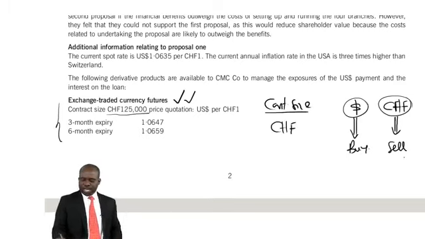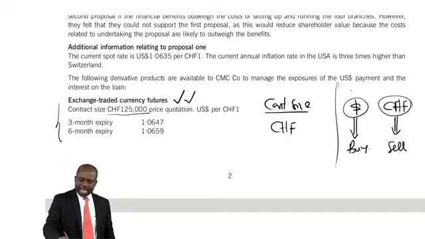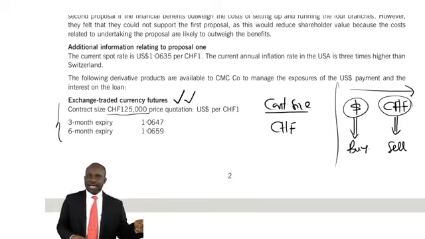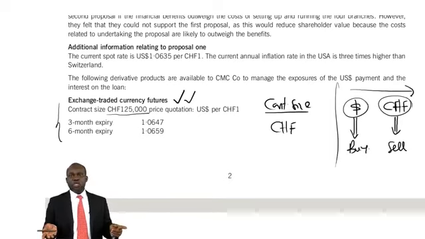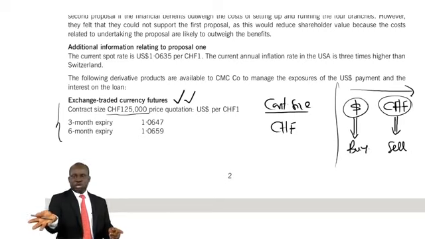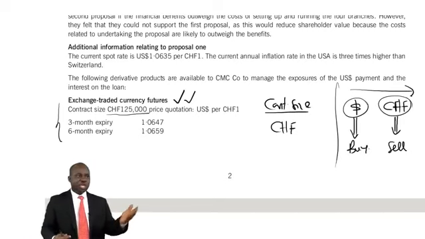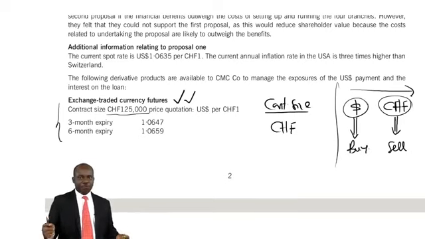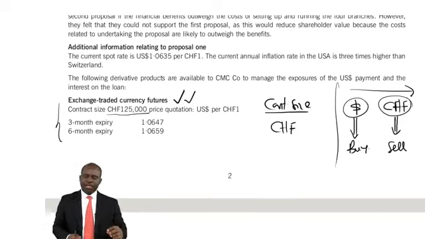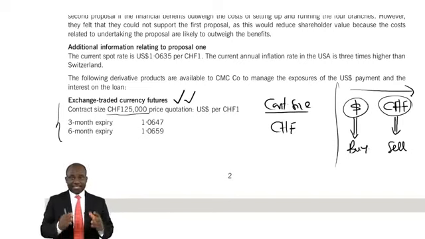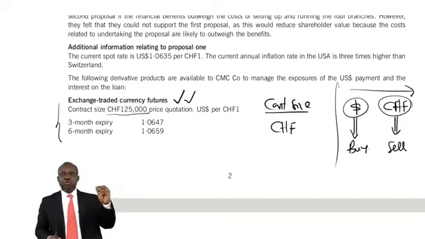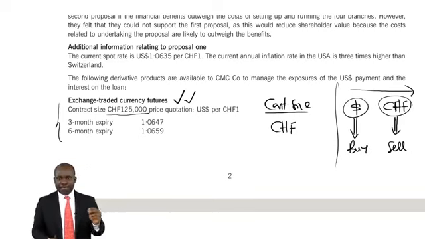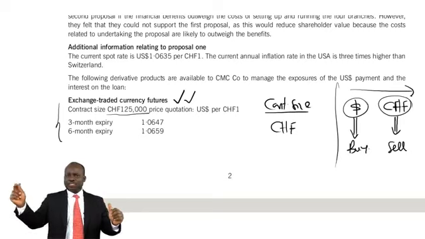So you ask yourself, what are you doing to the CHF in this column? Because you are based in Switzerland and you have to pay dollars, you have to give out the Swiss franc, which is the CHF, in order to go and buy the dollars to go and pay. So CHF will be given. So this contract, because the contract size is in CHF, it means you need a contract that will give you the obligation either to buy or sell CHF.